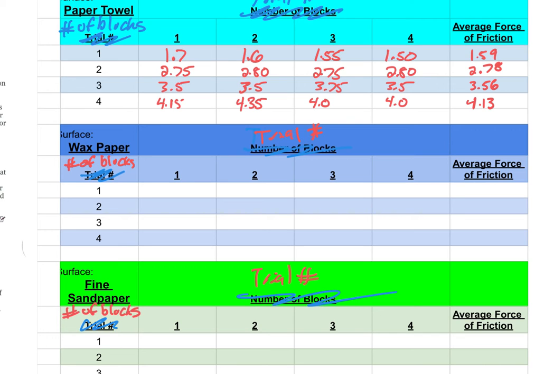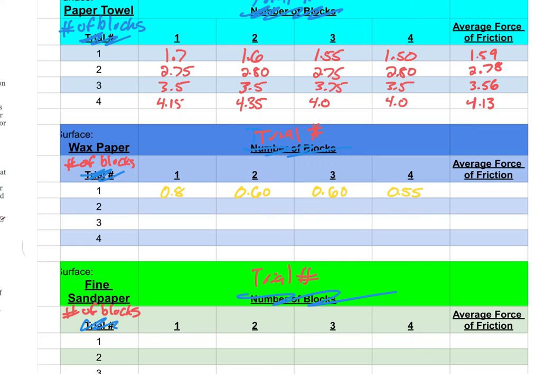So on this one, for 1 block, we got 0.8, 0.6, 0.6, and 0.55. Didn't write that one real clearly, sorry about that.